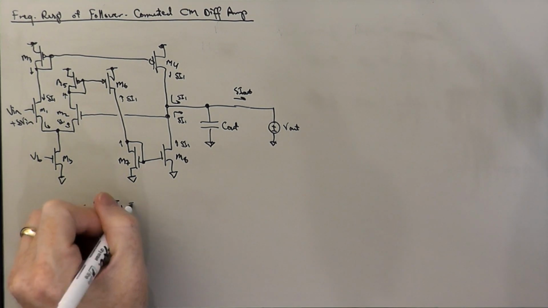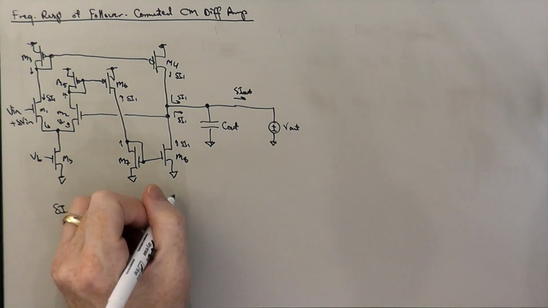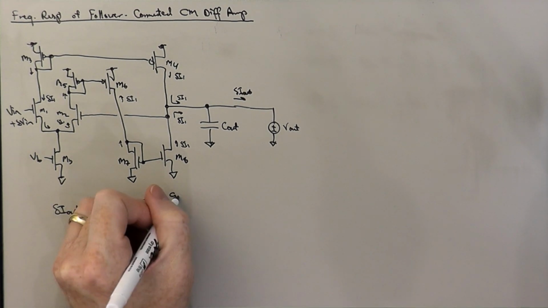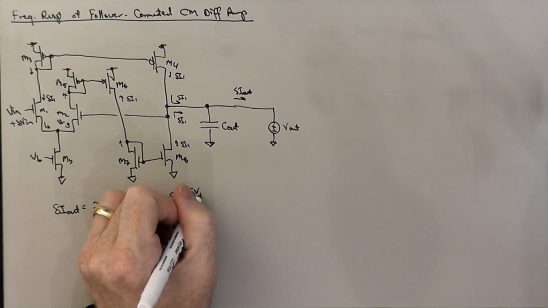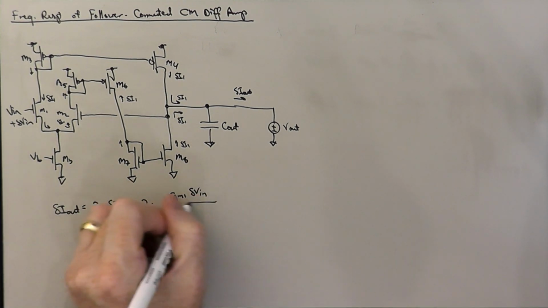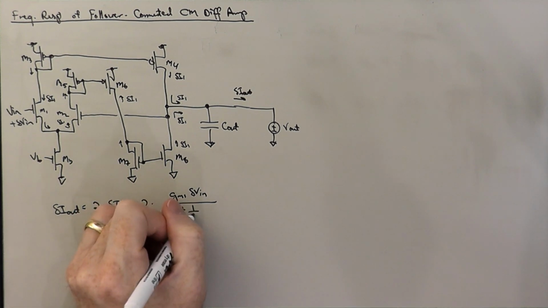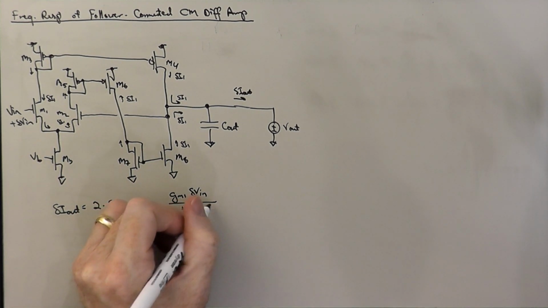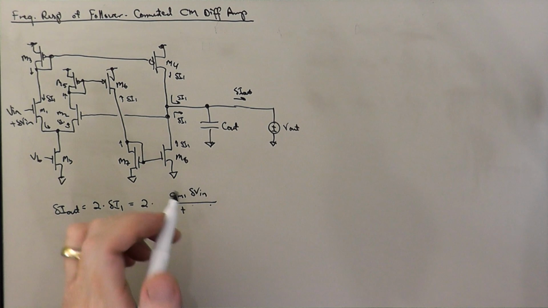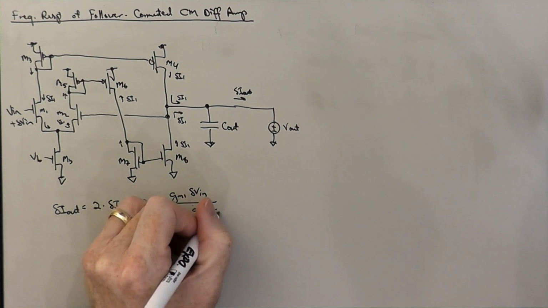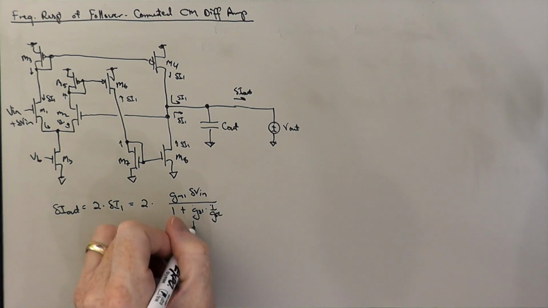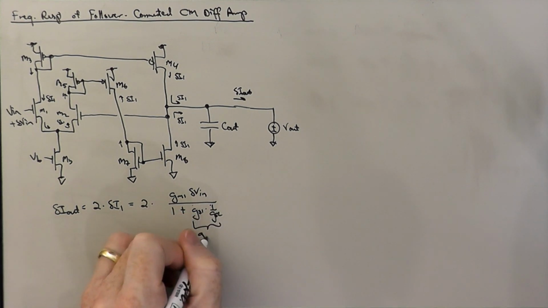And just like it was last time, that's going to be GM1 times delta V in divided by 1 plus 1 over GS1 times GS1 times 1 over GS2. But in this balance condition, GS1 equals GS2.